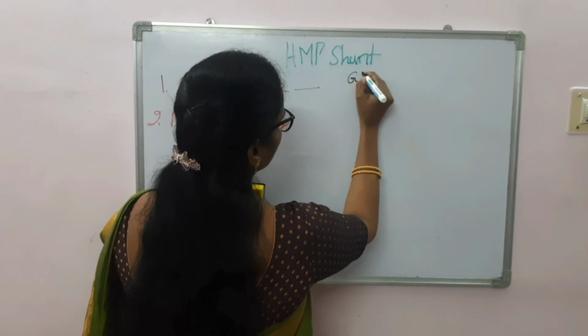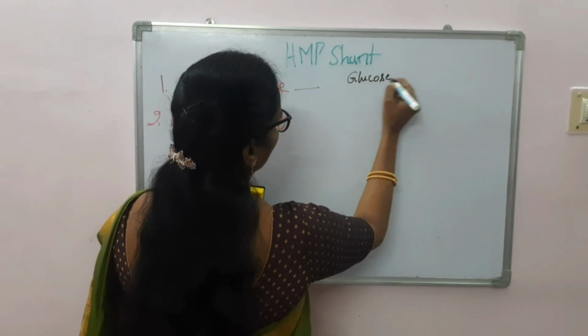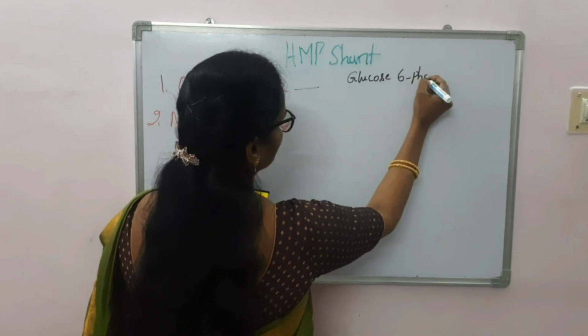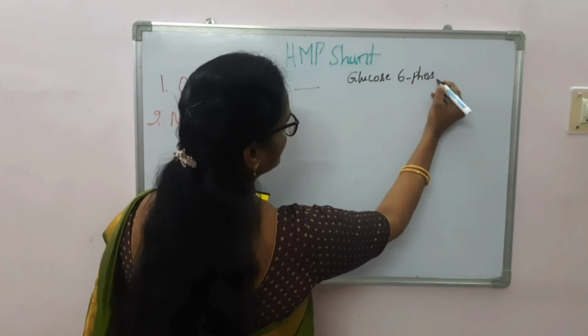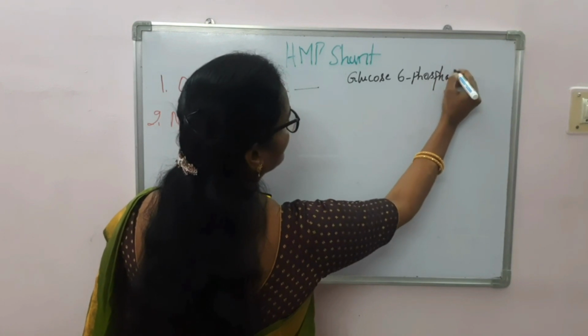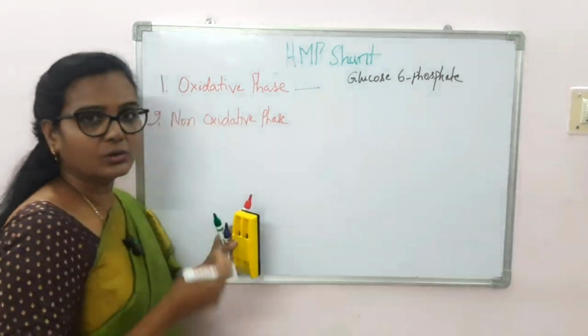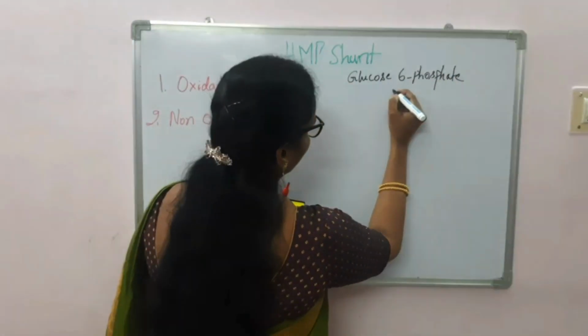So it starts with the glucose 6-phosphate. How glucose 6-phosphate is generated, that you know, when glucose is phosphorylated with the help of hexokinase, it forms the glucose 6-phosphate.